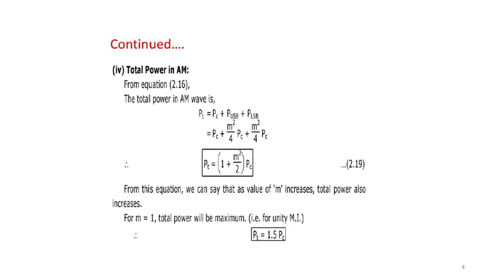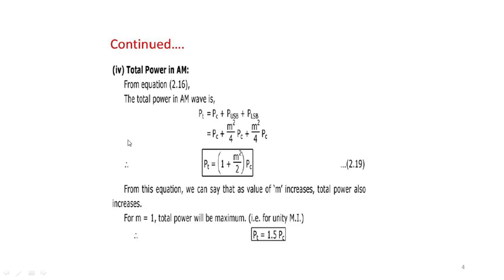Then here we are going to see the total power in the AM. We have already calculated the power in carrier, power in USB and power in LSB, so we put these values in the equation of the total power of the AM signal. PC is the carrier power, which we keep as it is because we are going to take it common, plus m square by 4 PC for the upper sideband power, plus m square by 4 PC for the lower sideband power.